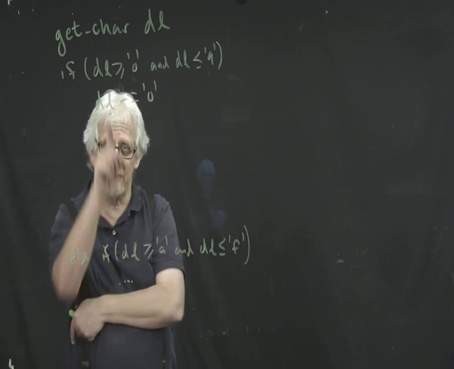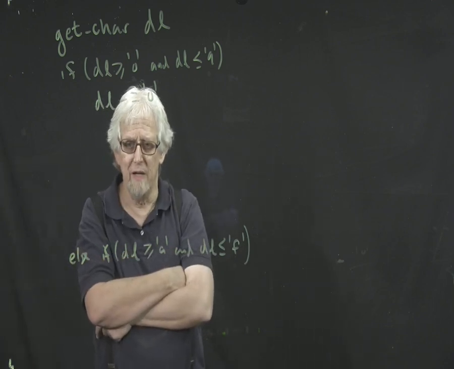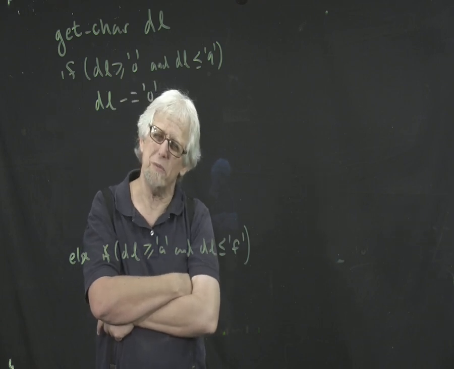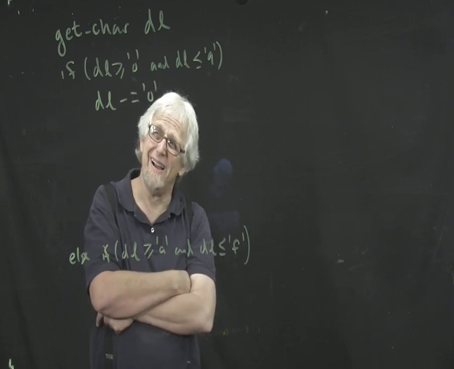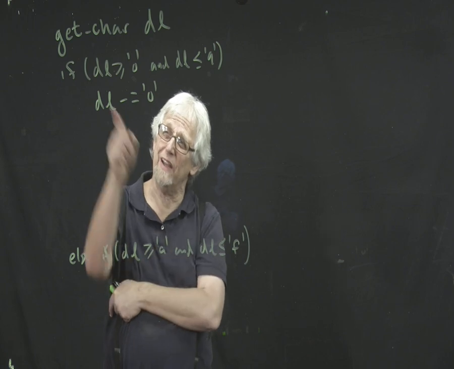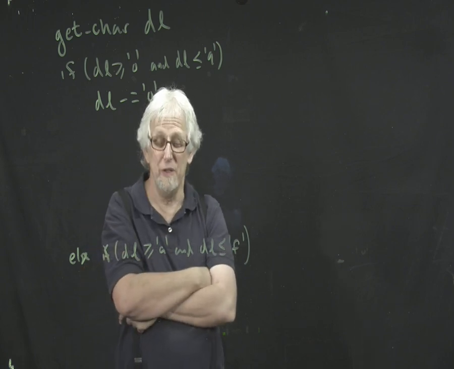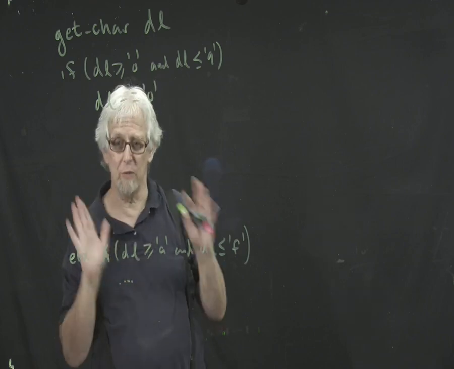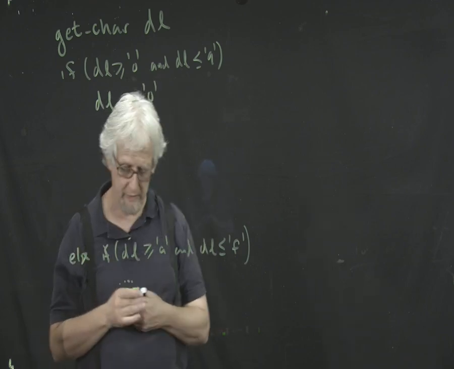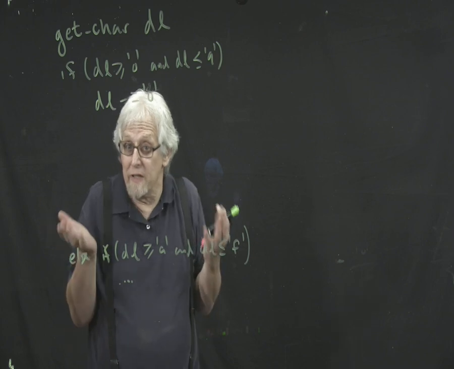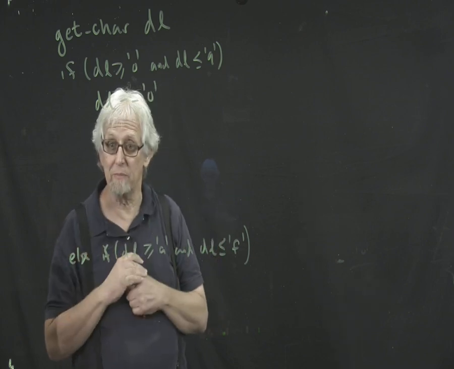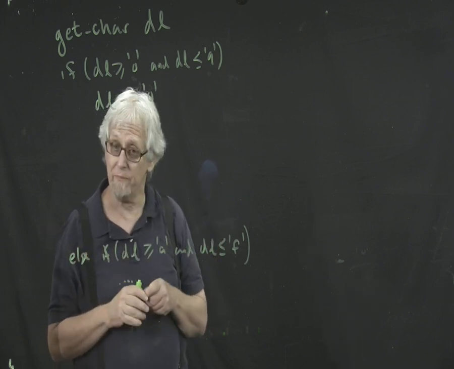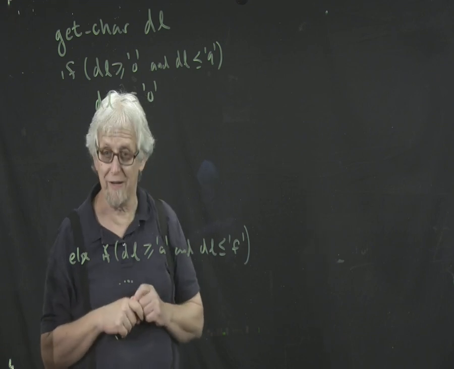But actually we have a compound if over here. And we also are not really doing any arithmetic. So we have this and we're comparing it to a 0. You could do arithmetic. You could subtract 0 from DL. That would work. Okay? But assembler actually gives you a nice instruction called CMP.